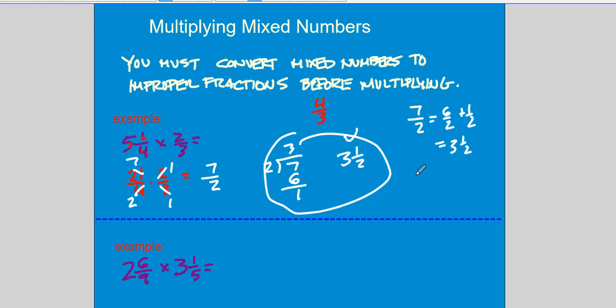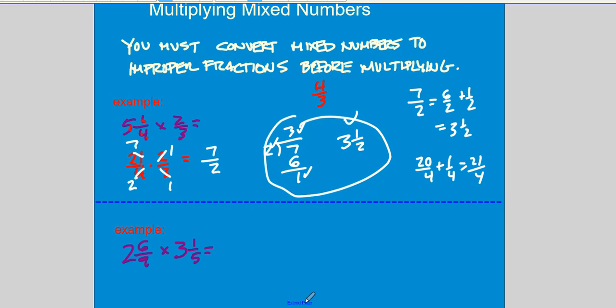Well, you could do the same thing here. 5 is the same as 20/4, plus another fourth makes 21/4, but the way you want to convert is you go 5 times 4 is 20, plus 1 is 21/4. That's just so simple and fast once you get it down. And likewise 7/2, you divide 2 into 7, goes 3 times, 3 times 2 is 6, remainder 1. So it is 3 whole number parts, and 1 fractional part over 2.